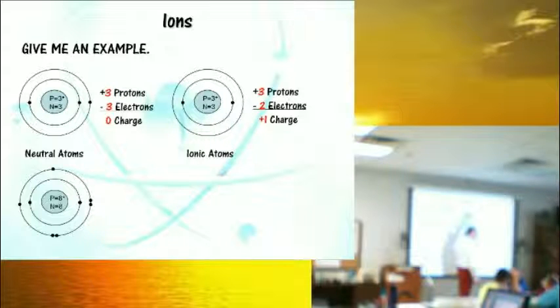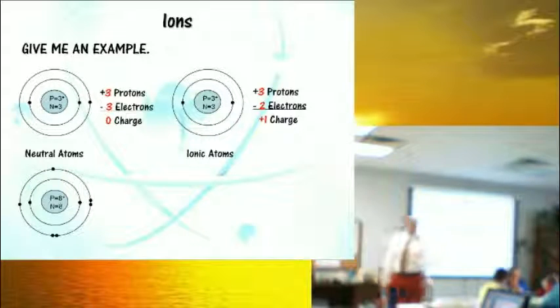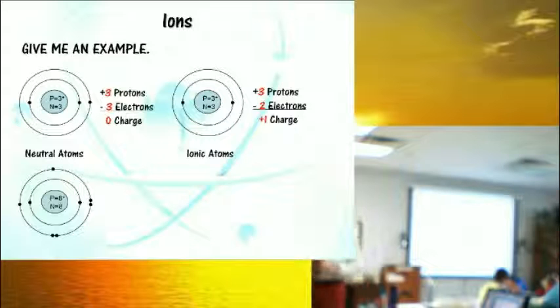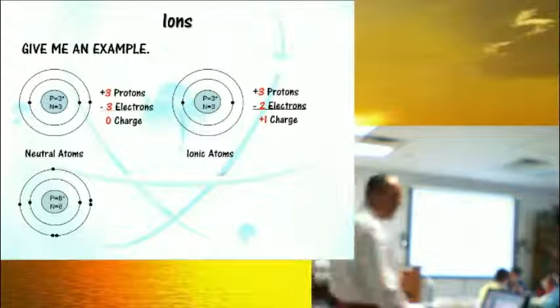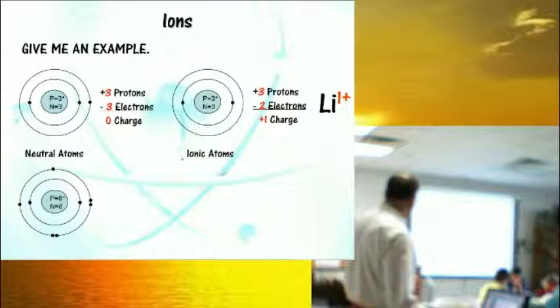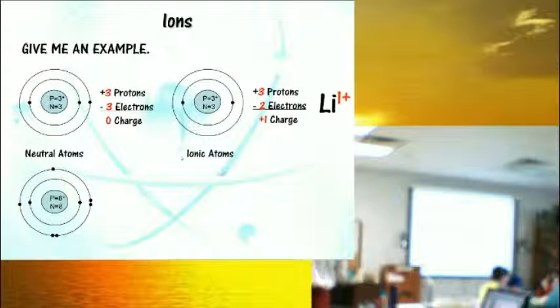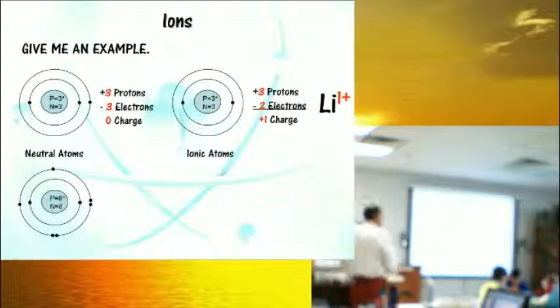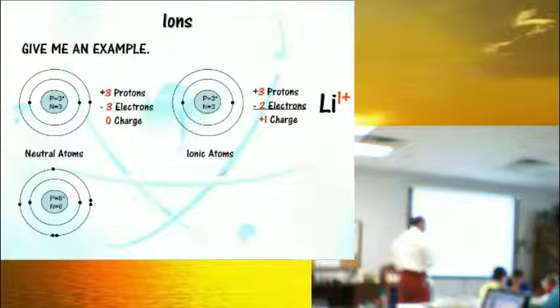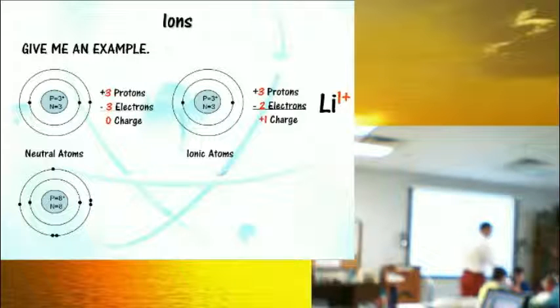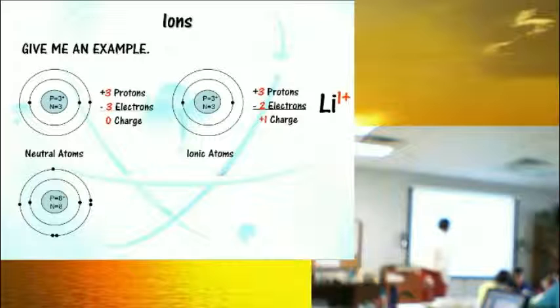Now it is an ion. So an ion is an atom with a charge. Okay, that's all it is. It's one that has lost or gained electrons. This now has its own symbol, and it's lithium 1+. And it's a little 1+ up in the upper right side. Right here. Look at the screen, please. Lithium 1+.